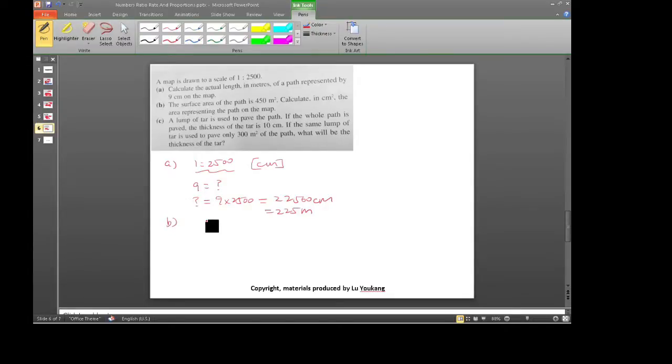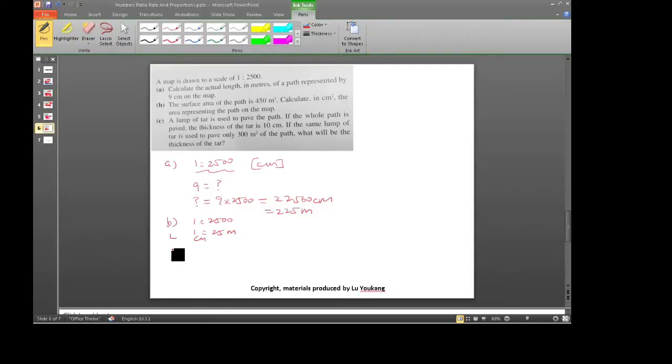Now we are asked to find the cm square on the map, while the surface area of the path is 450 meters square. Therefore, the length ratio is 1 to 2500, and the area ratio is, before that, we can simplify it further. So 1 cm is actually to 25 meters.